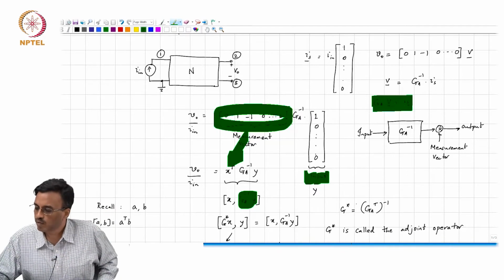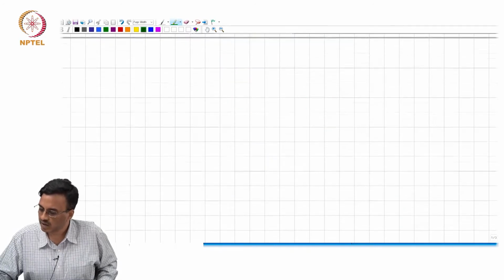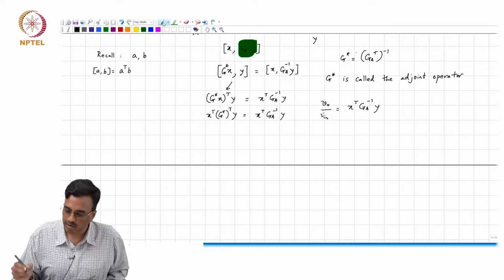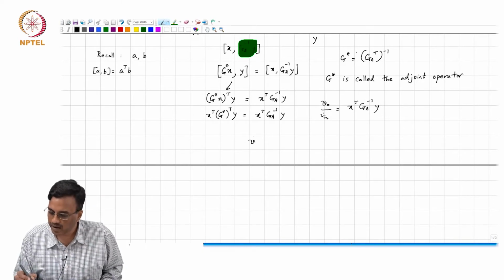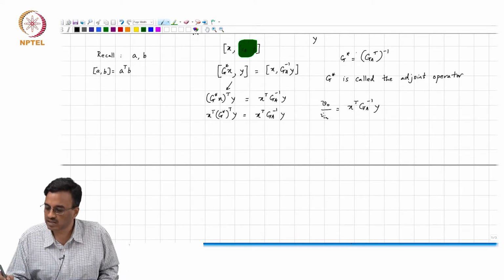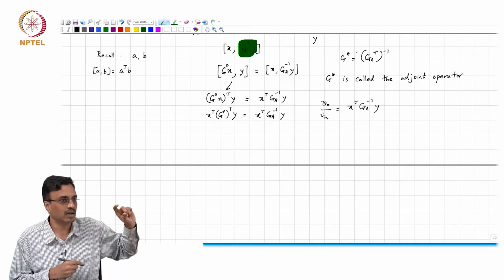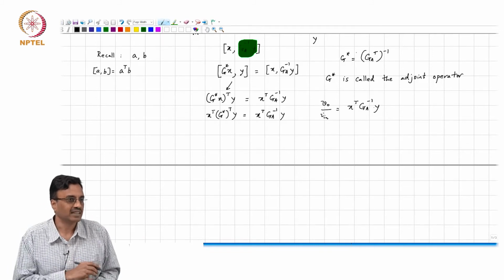A smarter way of doing this is to say, well, we know that V out by I in is X transpose times GA inverse times Y. Remember, X is the measurement vector and Y is the excitation vector or the input vector, correct?